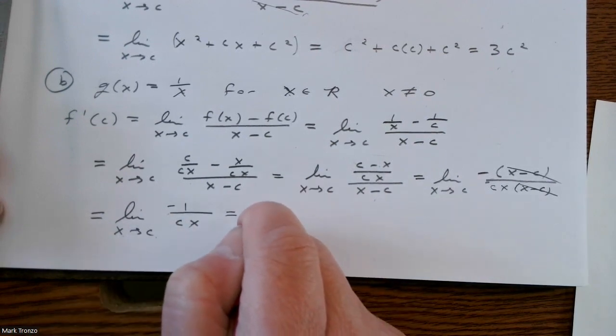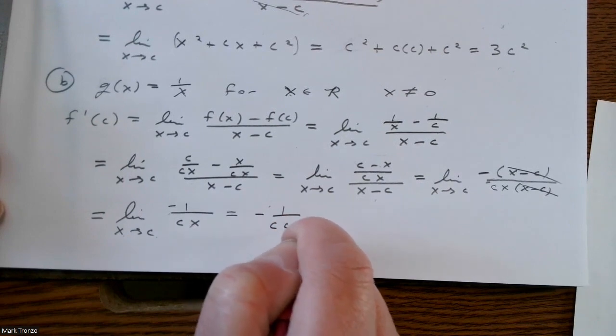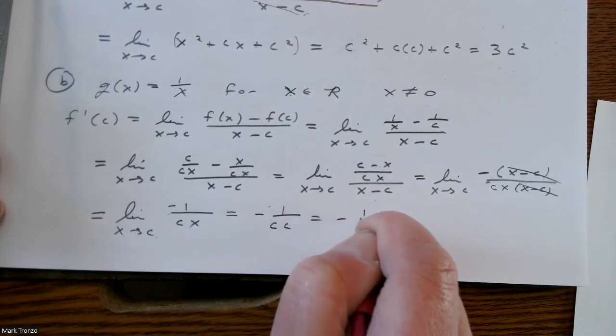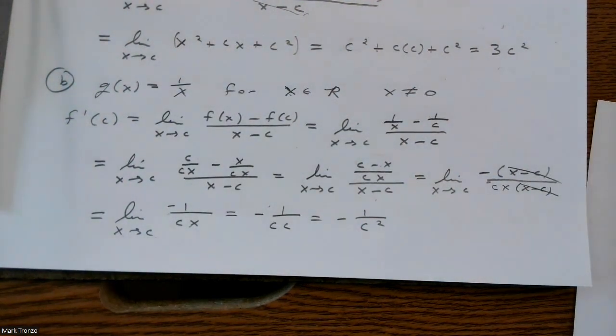And then this is going to be minus 1 over cc, minus 1 over c squared, like that. Any questions on that?